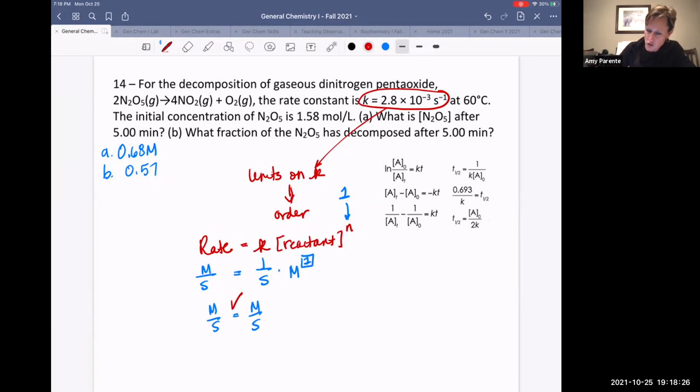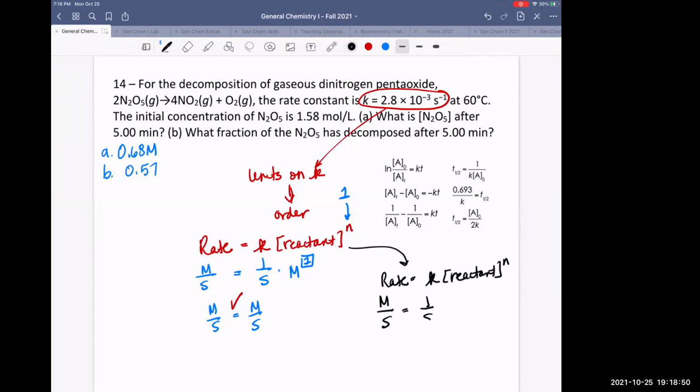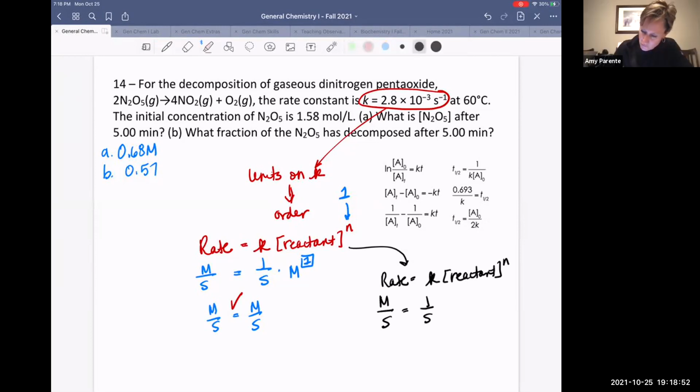Let me walk through and show you what would happen if we pretended this was second order. Okay, let me do the same thing. Rate equals rate constant times the concentration of reactant raised to a power that is the order. So if this was second order, I always have molar, concentration over time, as my rate. 1/second. Now, again, I get this 1/second because it told me these were the units of my rate constant.